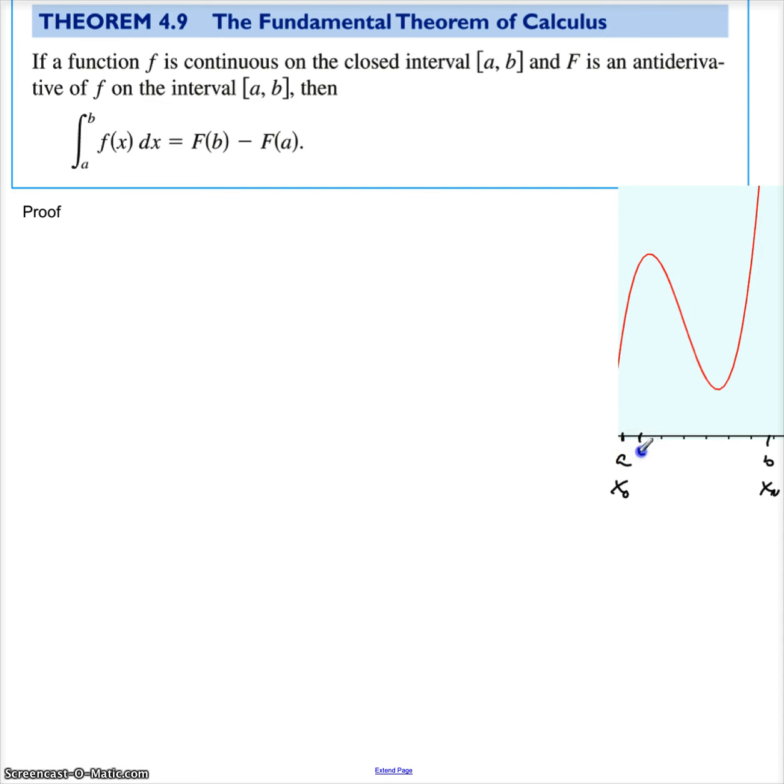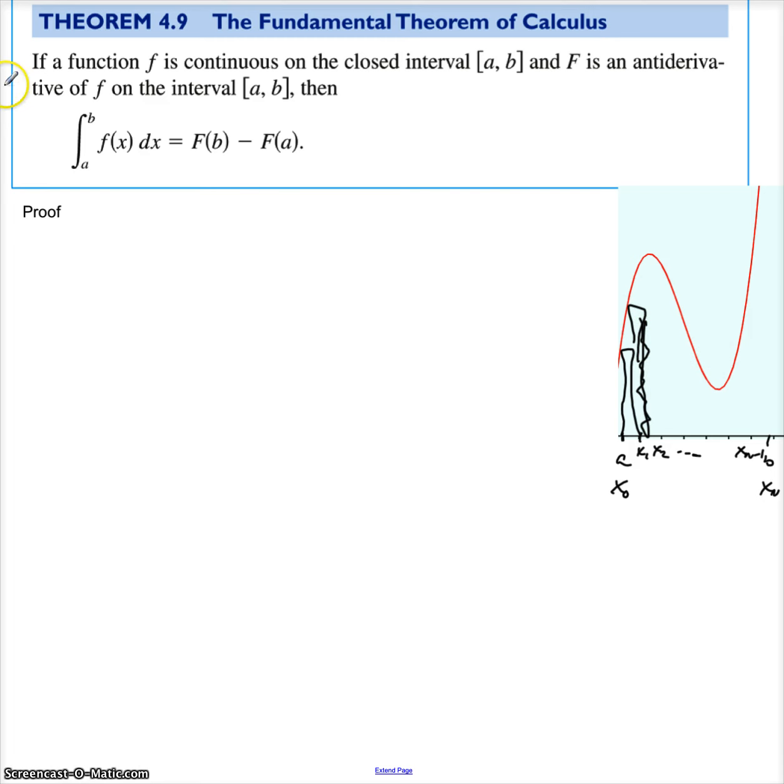So if this is x naught, this is x1, x2, x n minus 1. So you see how we're dividing. See, we're doing these rectangle things again. I apologize for my diagrams here. All right, so we're going to partition it into rectangles, and this slate is much harder to use than you can imagine. So here's my little rectangle.